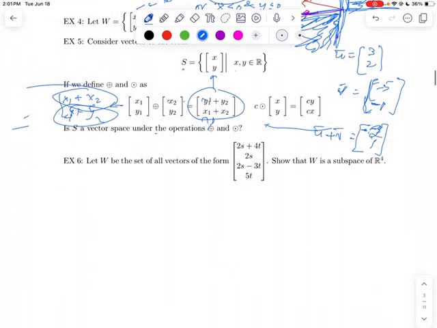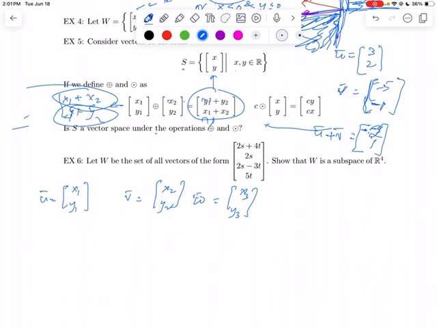So let's check. Let's say our u vector is x1, y1, v is x2, y2, and w is x3, y3. I don't like naming vectors like this.